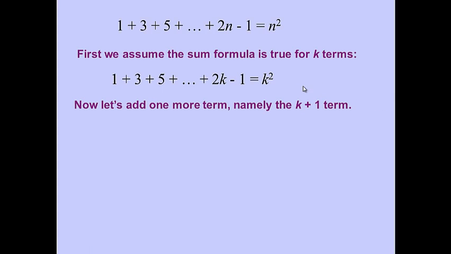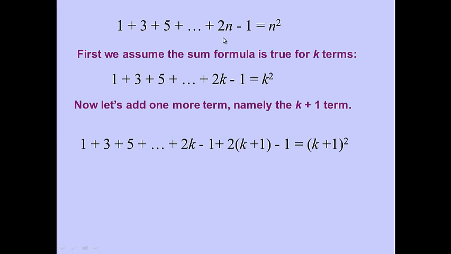Now we're going to add one more term, the k plus 1 term. So notice on the left-hand side, we have 2k minus 1 plus 2 times the quantity k plus 1 minus 1. In this part, n is equal to k, but in this part, this is 2n minus 1, and in this case, n is k plus 1.